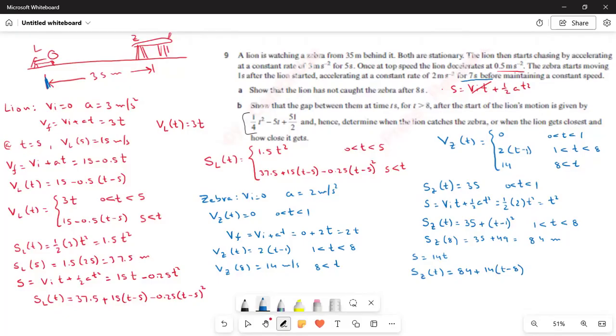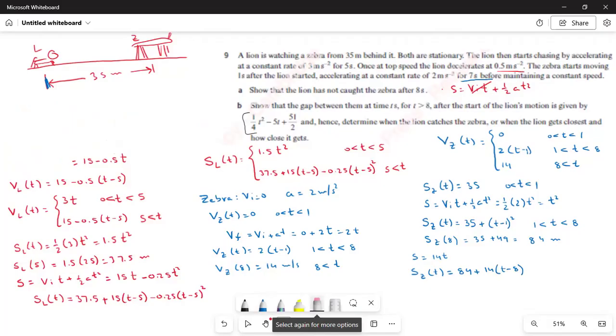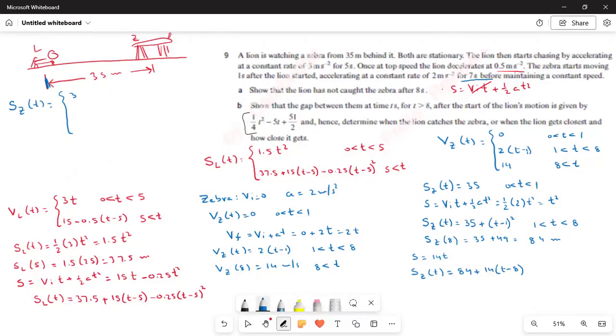So I can summarize this thing. Okay, I need some room, so I will erase this first part. Let's have this one right now. So the distance traveled by zebra as a function of time, it was 35 for the first second when t is between 0 and 1.